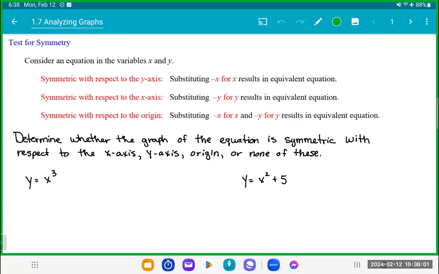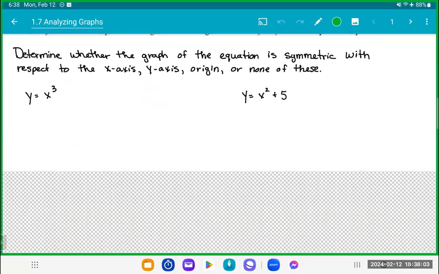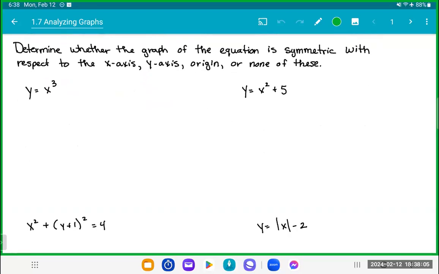So I have a couple of examples here so that we can walk through them and determine if there is symmetry, and with respect to which axis, or the origin. Or it's possible that there is none.